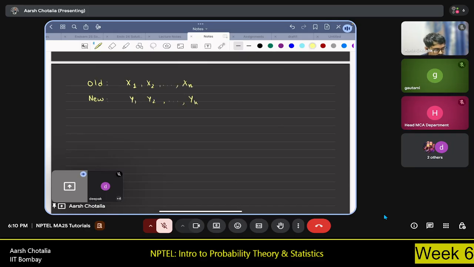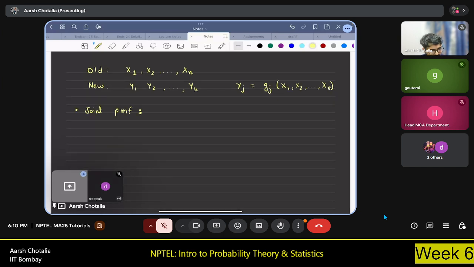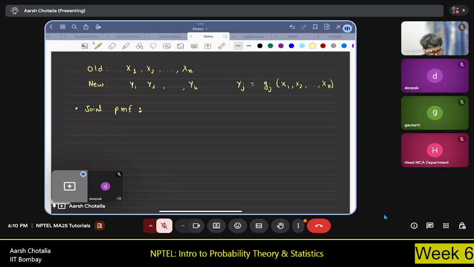Where yj is some function gj of all the x's, x1 to xn. And a natural question to ask is to find the joint distribution or joint probability mass function, assuming they are discrete, and that is given by this formula.